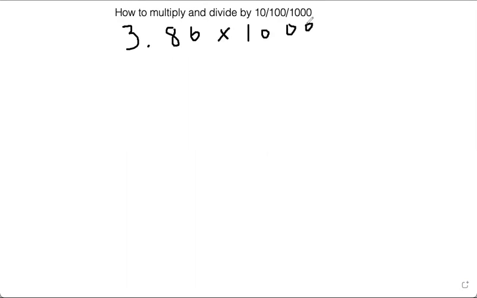Before you begin doing anything, the most important thing to do is draw your place value grid. Thousands, hundreds, tens, ones, decimal point, tenths, hundredths, thousandths.